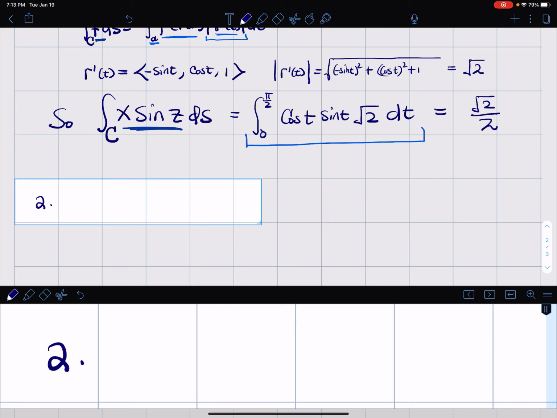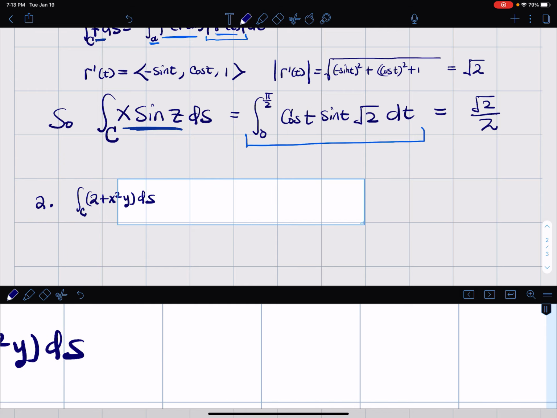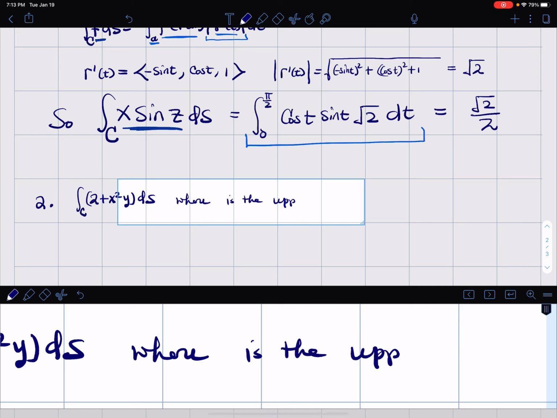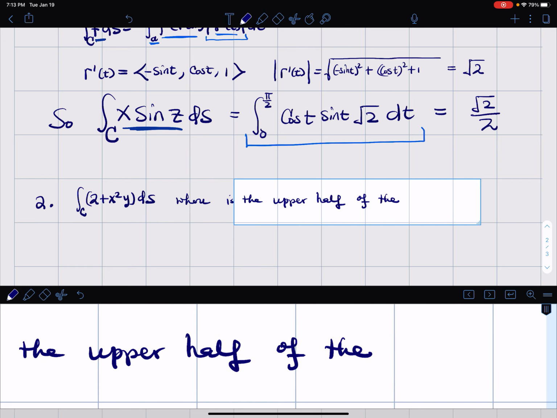Number 2, we would like to evaluate the line integral of 2 plus x squared y ds over C, where C is the upper half of the unit circle. Okay.